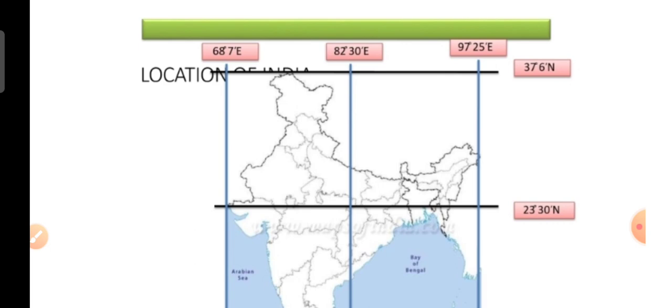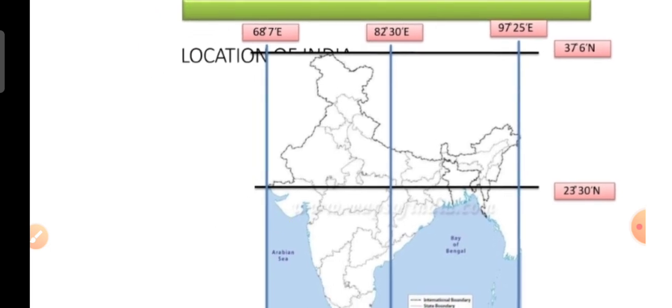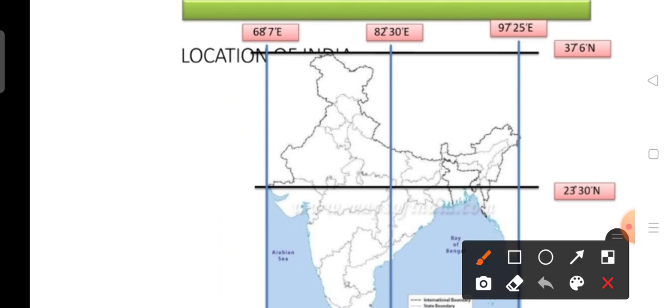The westernmost longitude which is passing through India is 68 degree 7 minutes east. These are located here.